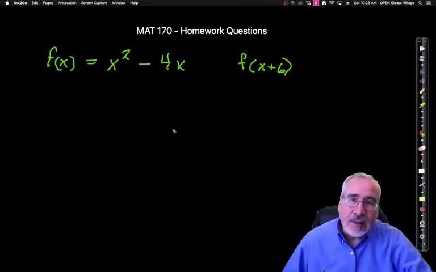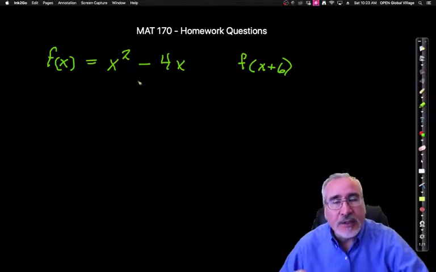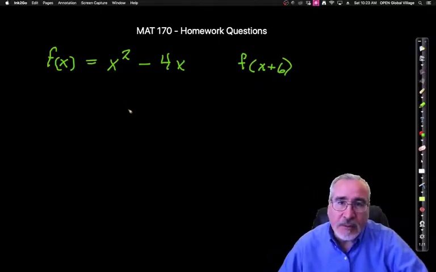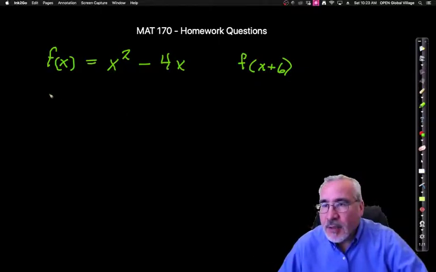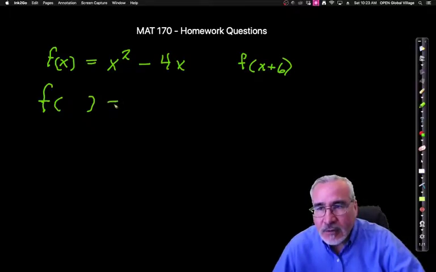What I found to take the stress off the mental thinking process is to, from the original function, replace the x with a different symbol. The symbol I found most helpful is a blank space. So I will rewrite this template, which is what a formula is. It's f of, and instead of putting the letter x, I put an open space, because that is something ready to receive input.